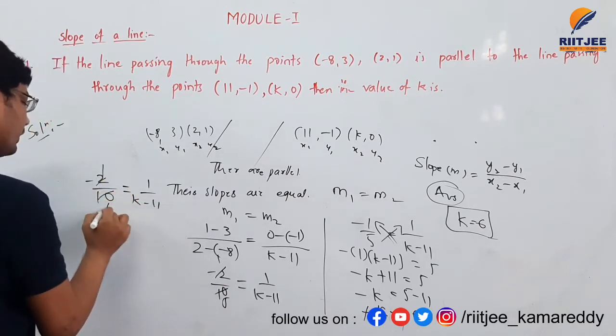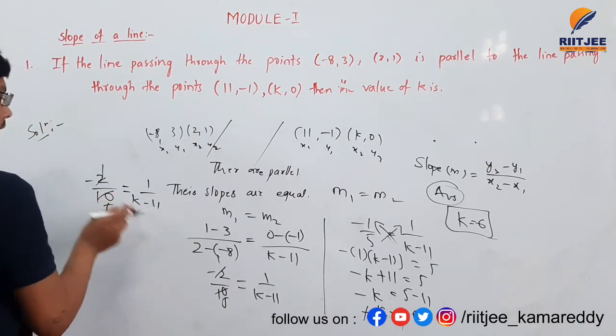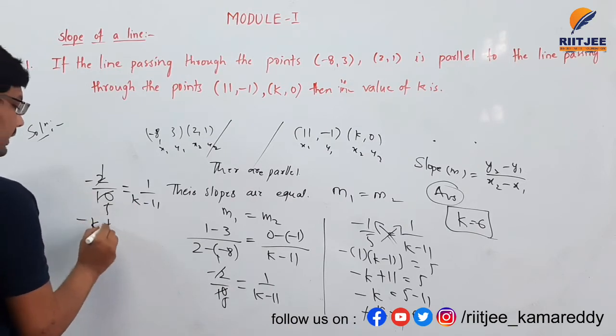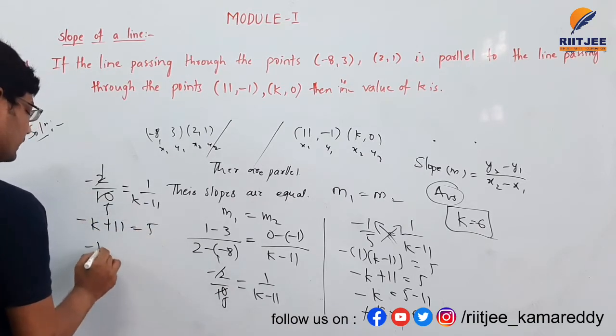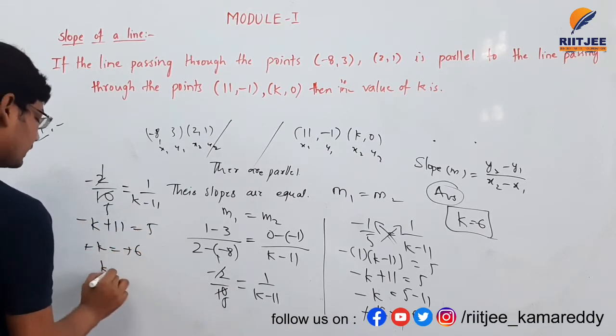So minus 1 by 5 equals 1 by k minus 11. Do cross multiplication: minus k plus 11 is equal to 5, so minus k is equal to minus 6, then k is equal to 6.